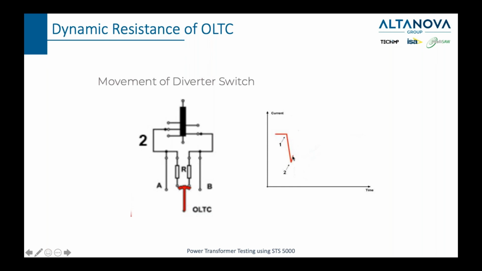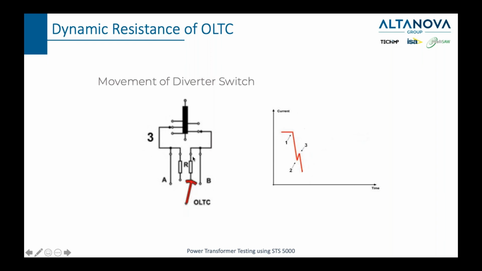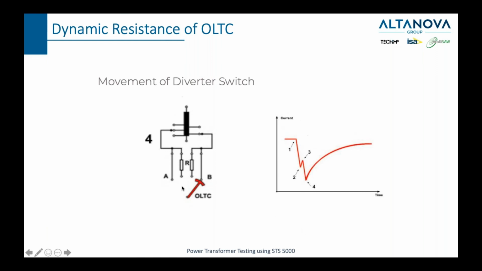You will understand that probably the next step is moving to just this resistor, which would then make the current go even more down. And then slowly we move on to B, where we have now effectively executed the movement from this position onto this position without stopping the current flow, which is the goal.